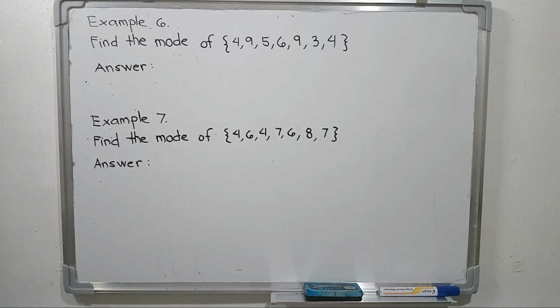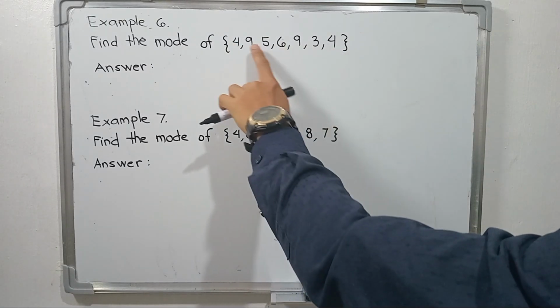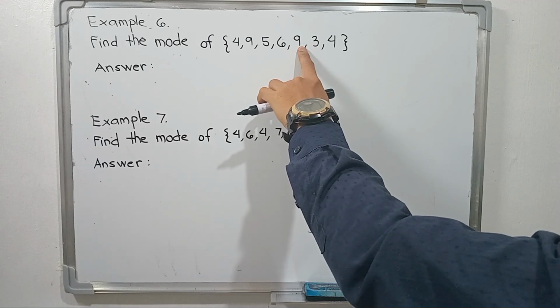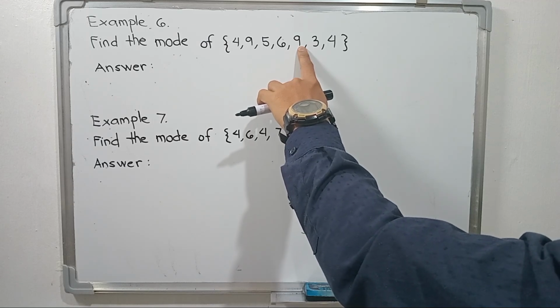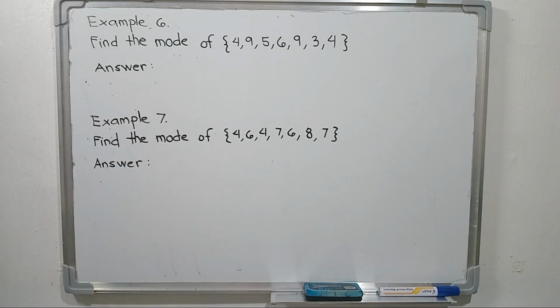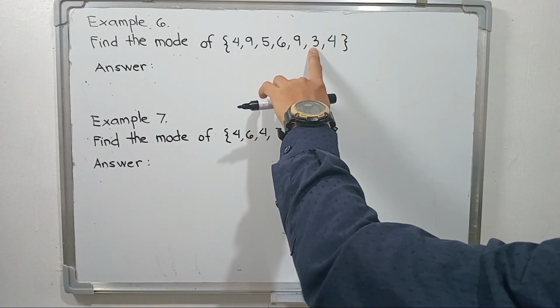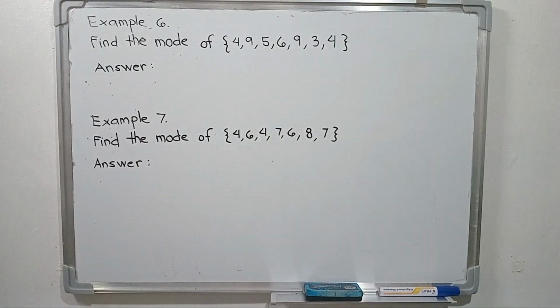Now take note that for the numbers 4 and 9, both of them appeared twice. It's more than any other value. And take note that the numbers 5, 6, and 3 appeared only once.